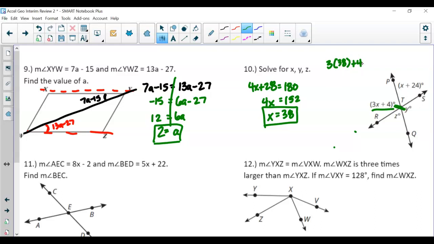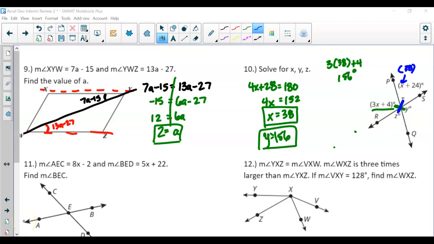So here, that's how you end up with an angle measure of 156 degrees, which means y is 156. So then z, well, notice z is vertical from this angle. So option 1 is you could plug in x with 38 and just do 38 plus 24. Or you can just subtract here.